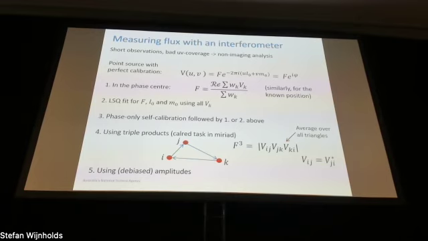Essentially, it's just a product of 3 visibilities if we go across the triangle, and we do some kind of average across all triangles. The amplitude of it will be our flux, and it will be very robust against phase errors. And finally, we can try to use amplitudes after appropriate debiasing, and I will say a few words about it later on.